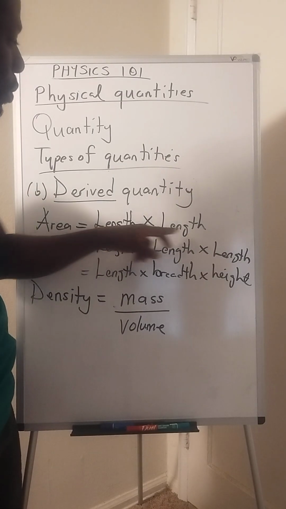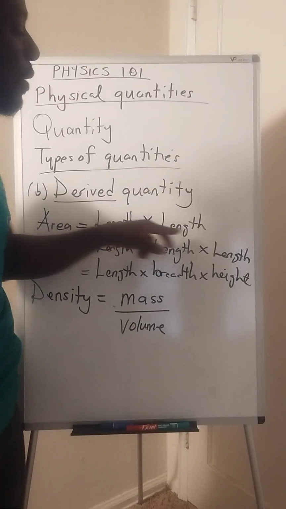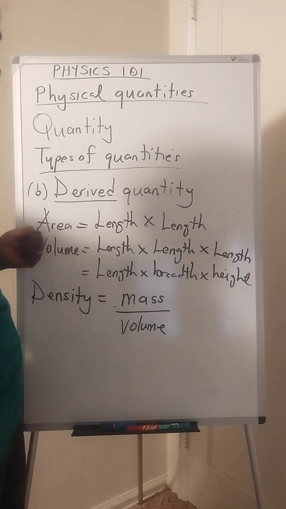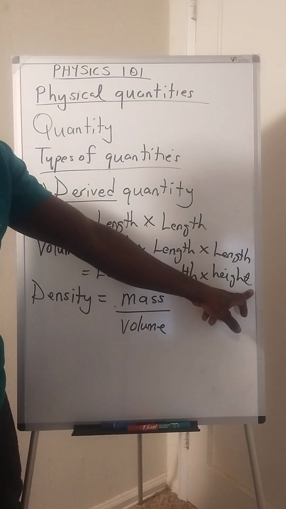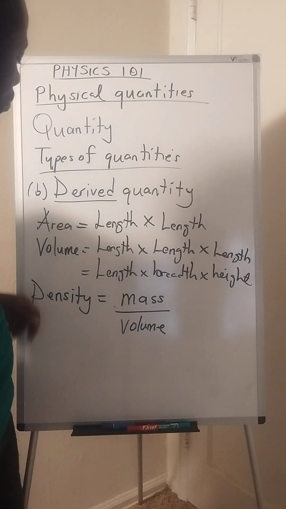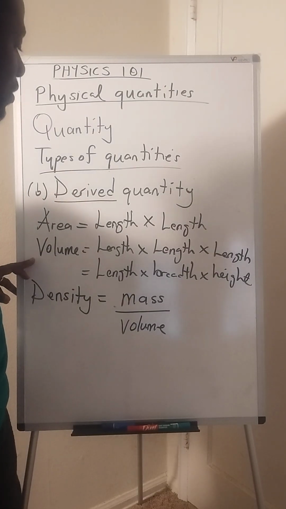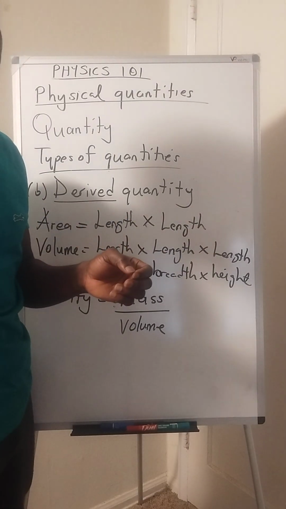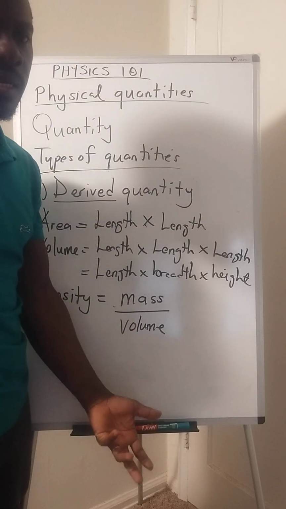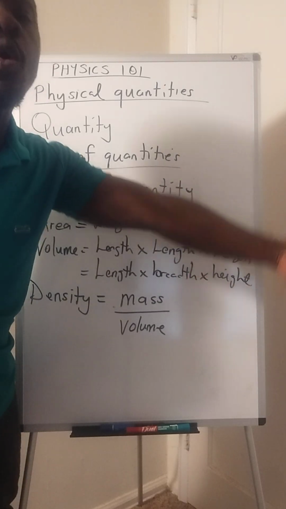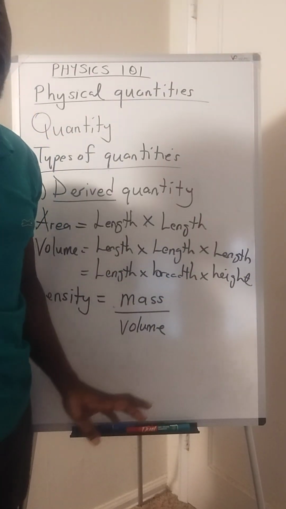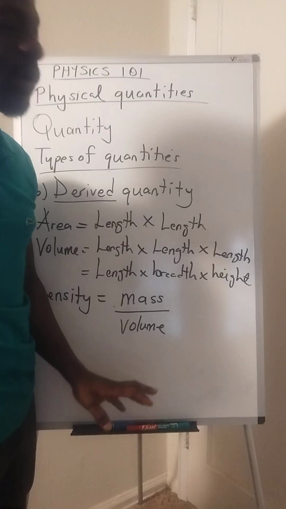Two fundamental quantities multiplying gives you a derived quantity. Three fundamental quantities multiplying gives you a derived quantity. And so, again, a derived quantity is any quantity obtained as a result of the combination of two or more base quantities. I hope you understand.